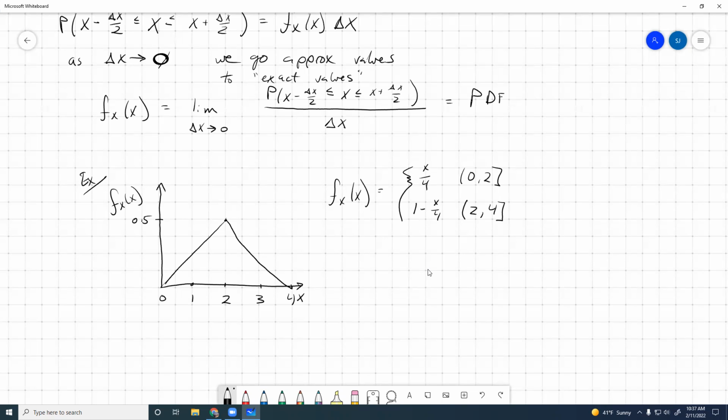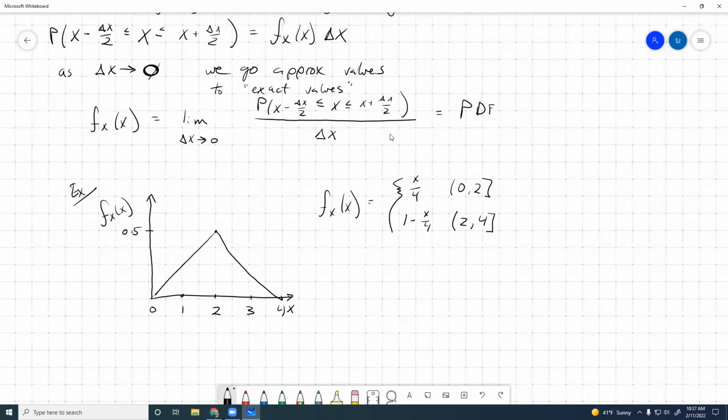And if we go back to this limit right here, this is the definition of an integral, which tells us that the probability of x being between two values, A and B, is equal to the integral from A to B of our probability density function times that differential distance.